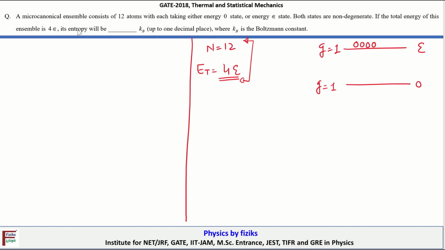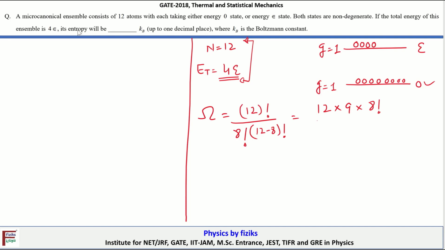They will give rise to a total energy of 4E, and the remaining 8 atoms are in the ground state. So the total number of microstates, omega, is equal to the arrangements of n equal to 12 atoms, that is 12 factorial, out of which 8 atoms are placed in the ground state, and the remaining 4 atoms are placed in the energy E state, so divided by 8 factorial and 4 factorial, that is 4 times 3 times 2.